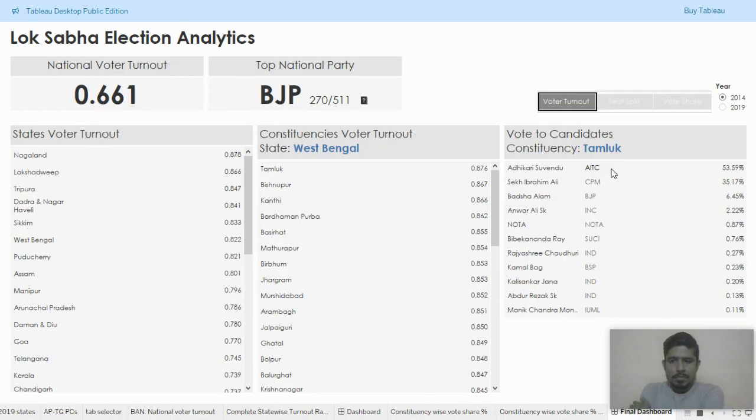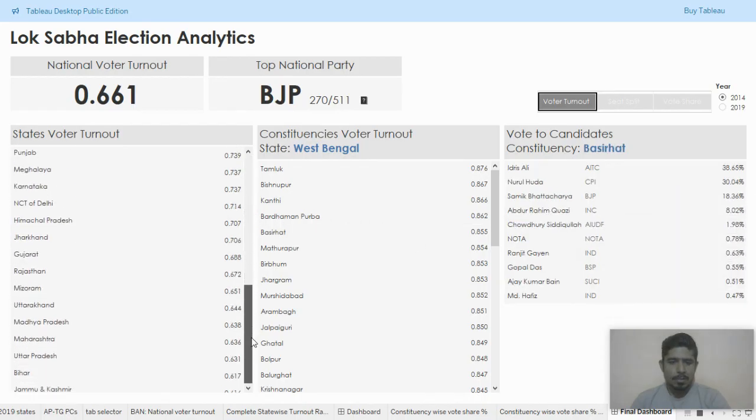So, for example, the very first candidate Adhikari Sevendu from AITC political party received 53.59 percent of the total votes of Tamluk, followed by Sheikh Ibrahim Ali from CPM received 35.17, and the rest of other candidates.